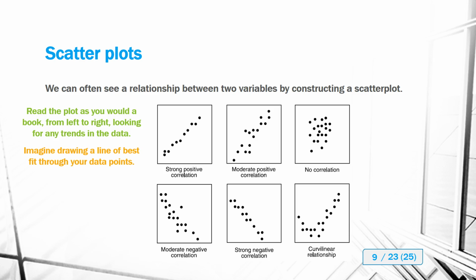Now, if you imagine drawing a line of best fit through your data points, we'll get more in detail with this line of best fit in the next lecture. But for now, just imagine, what if we could draw a line that best fit the data, what would it look like? So imagine for that first case, strong positive correlation, we have a line that looks something like this. Notice how the line is shaped so that it describes the trend of the data.